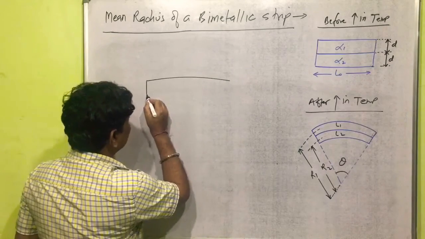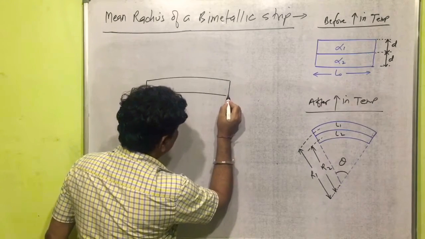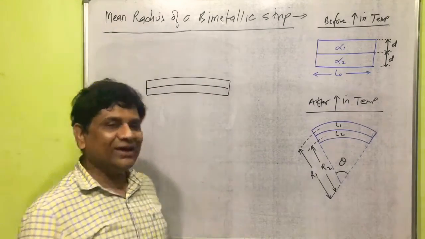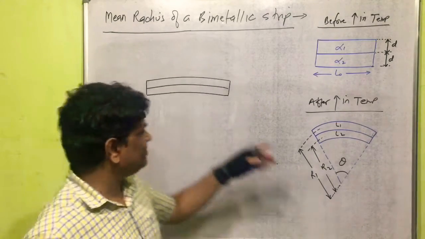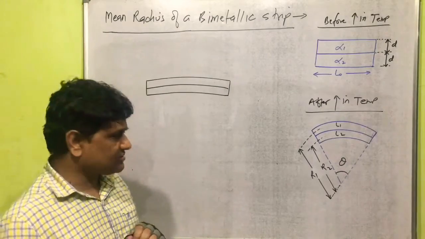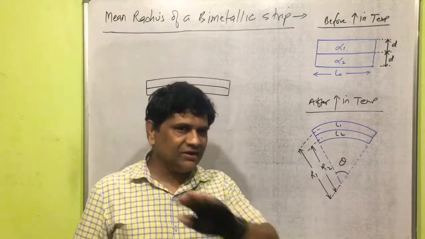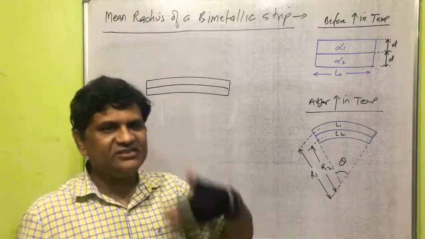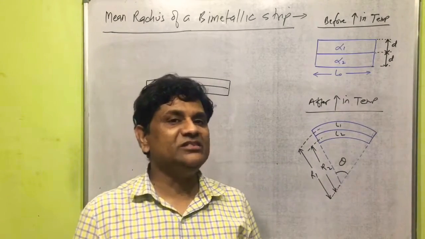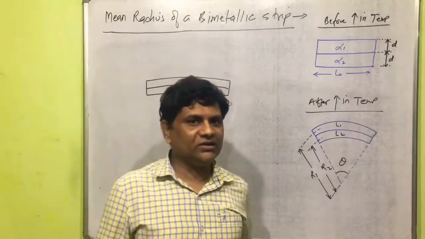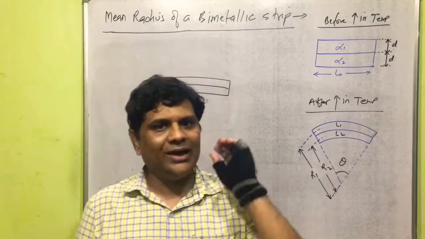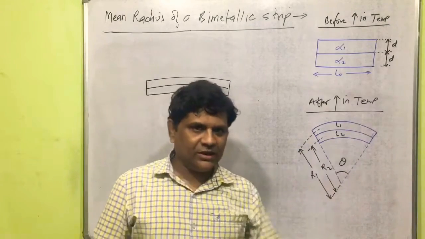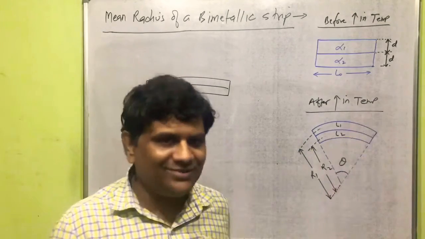So the bending of a bimetallic strip will be very small. Very small bending means it is almost straight, and almost straight means the expansion will be almost one dimensional.